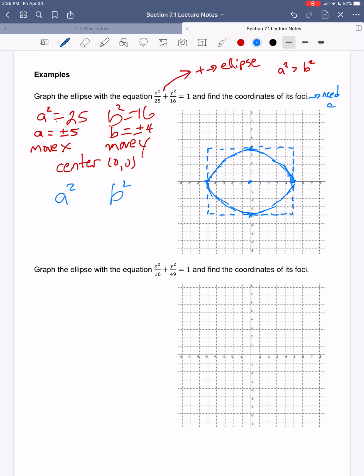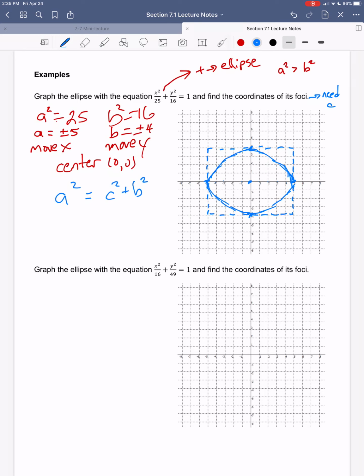So a squared and c squared. Which one's bigger? A squared is bigger. So I'm going to have to add something to the c squared. Okay, so a squared is going to equal c squared plus b squared.